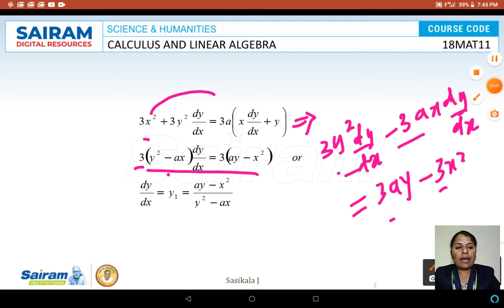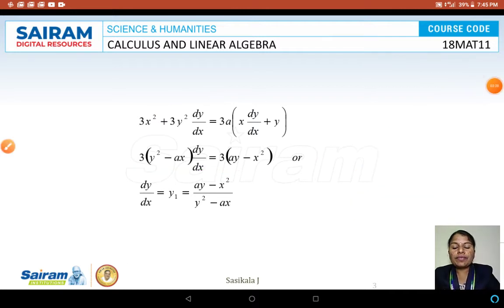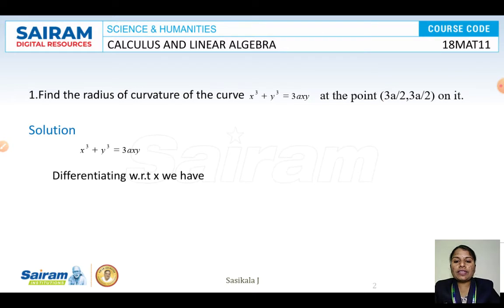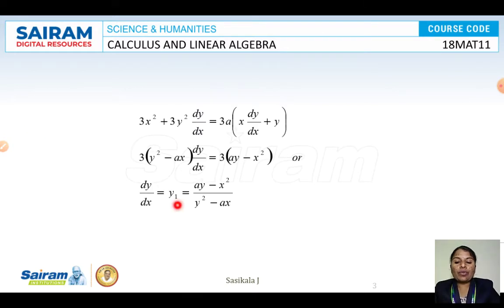That is what is written here. Now from here, you can keep dy by dx alone. The 3 will get cancelled, and y squared minus ax will go to the other side. So y1 is equal to (ay minus x squared) by (y squared minus ax). Okay, we have found y1.